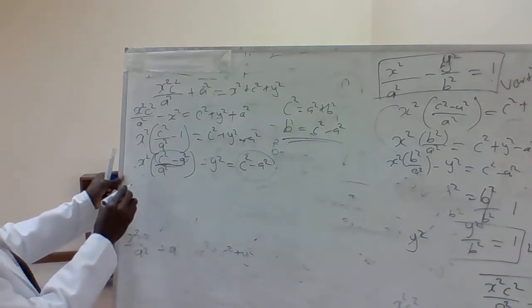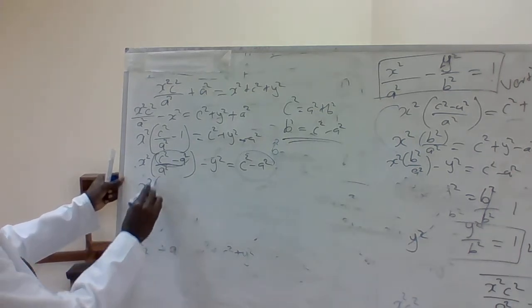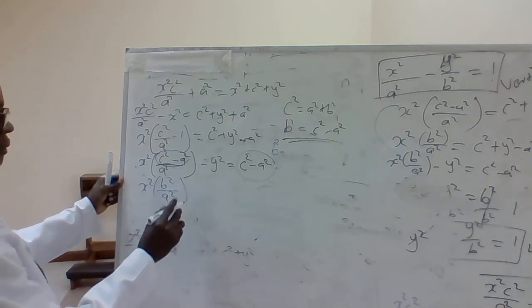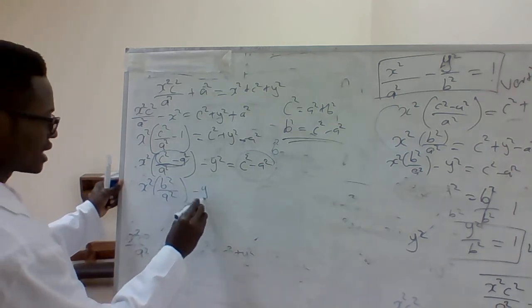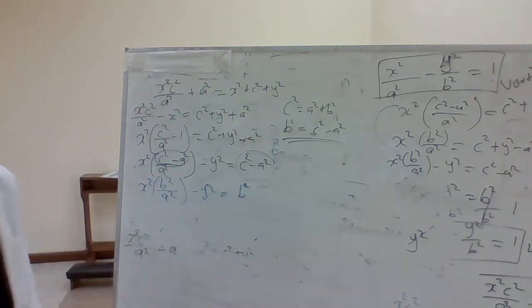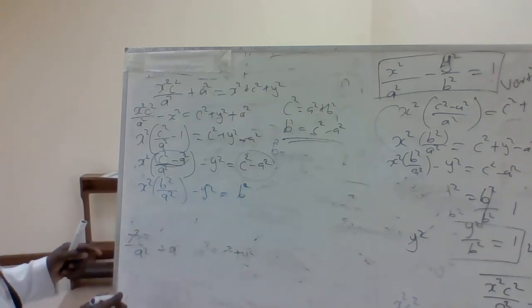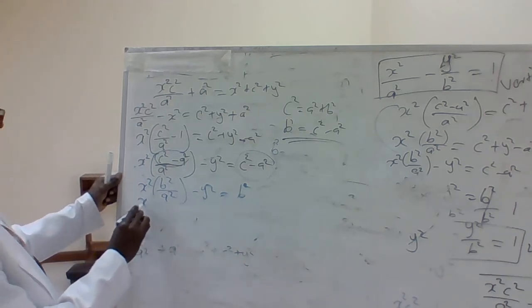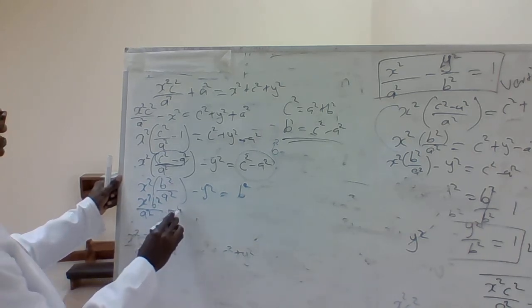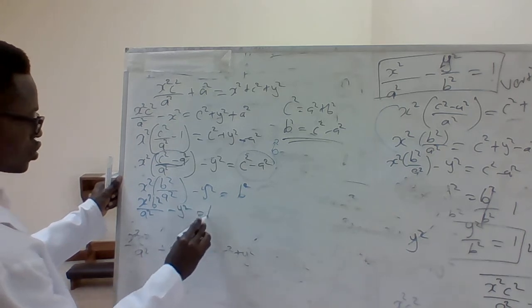So that now you will have x squared times b squared all over a squared, of course, minus y squared is equals to b squared. Are we together? So now we have x squared b squared over a squared minus y squared is equals to b squared.